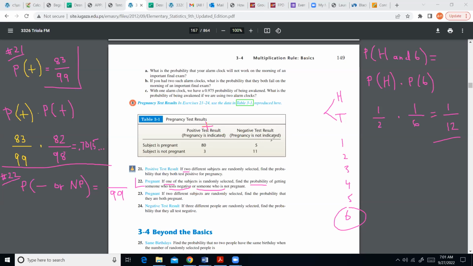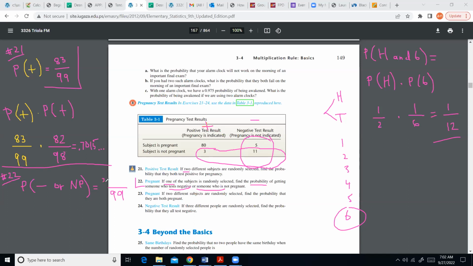So we care about negatives, they're here. And then we care about not pregnants, they're here. So not pregnants, and then negative. So please notice that negative, that's the second column, and not pregnant is row number 2.